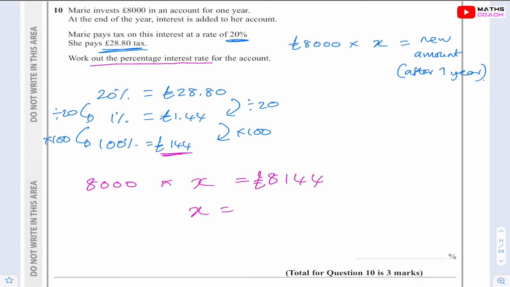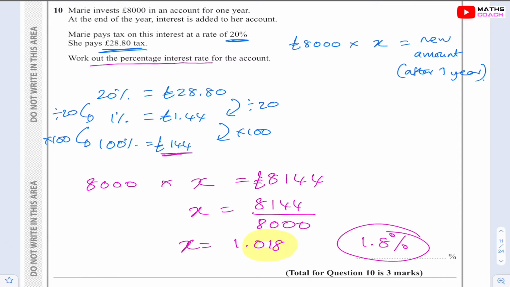So we can do 8144 divided by the original amount 8,000, and that would give us X is equal to 1.018. So the percentage interest rate for the account is this amount right there, and that is 1.8%, because everything after the decimal place in 1.018 represents the increase.